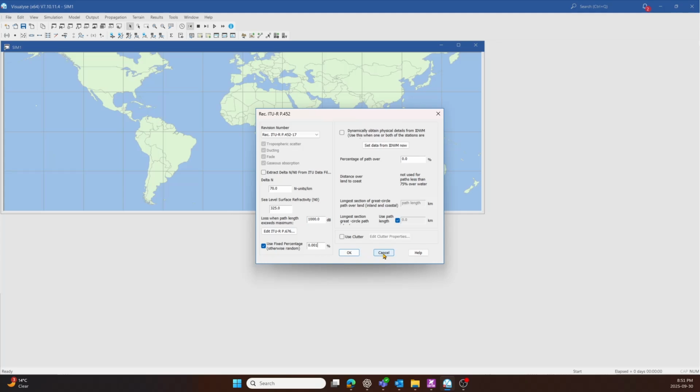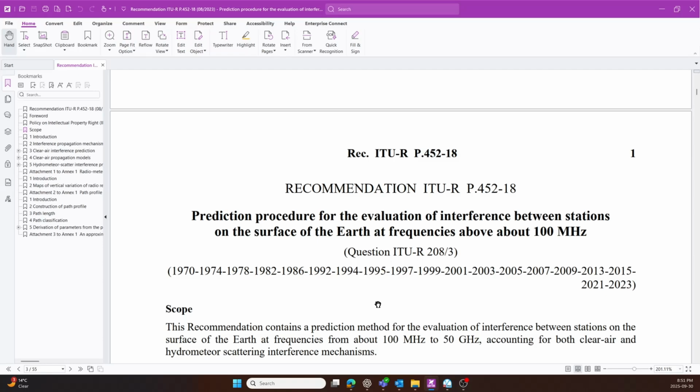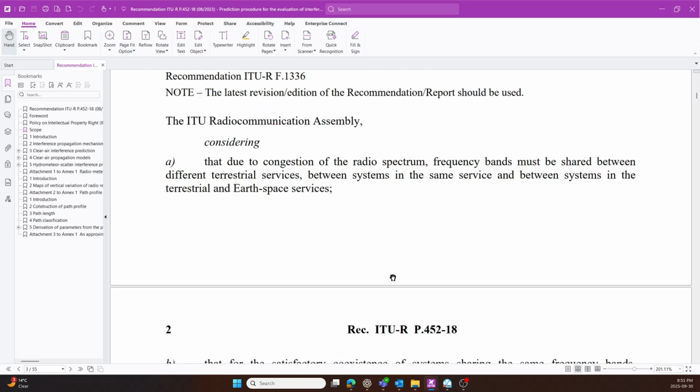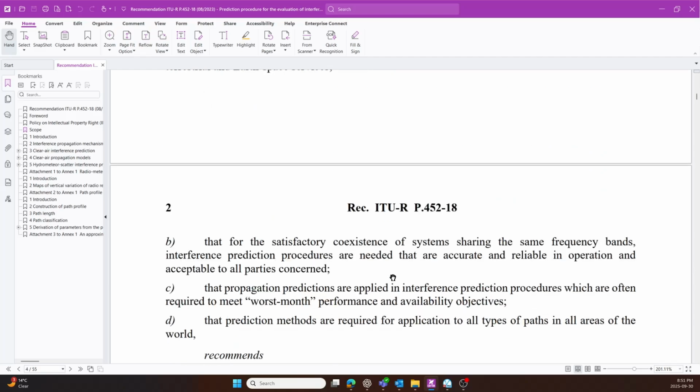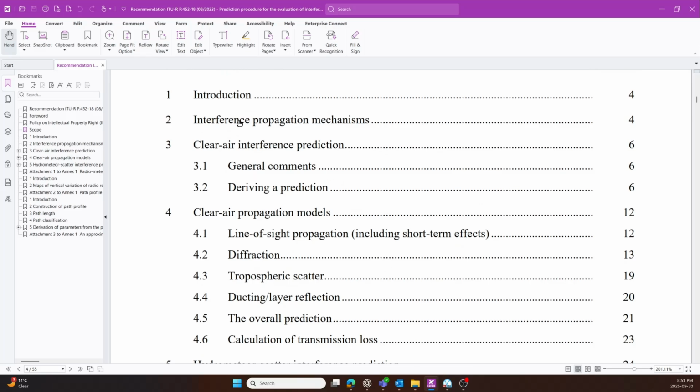The amount of interference that the software predicts to enter the receiver changes so much by changing this parameter. So that's why I took a detailed look at this recommendation to see what this parameter P is.